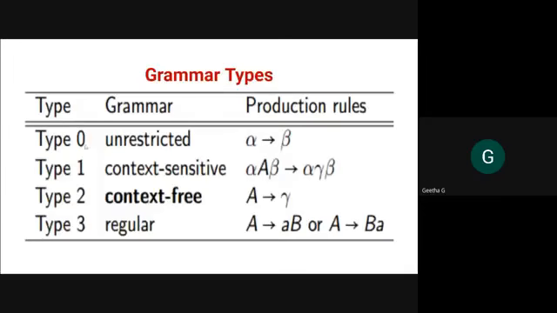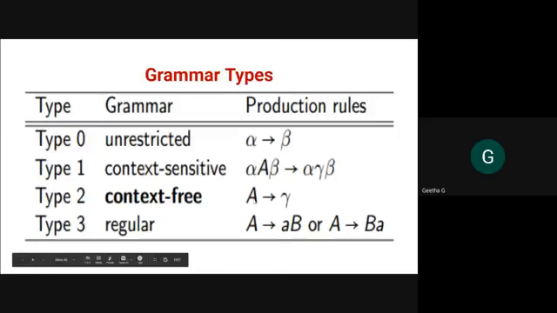Type 0, unrestricted, alpha tends to beta, but the length of this side has to be greater, right? That's the only thing. In context sensitive, with the context, with the presence of alpha and beta, you will replace A by gamma here. In the example, we had seen B, here gamma. It's a symbol, nothing wrong. And context free is an important one. They themselves have given it as a bolded one, because most of the languages will be covered by context free only.